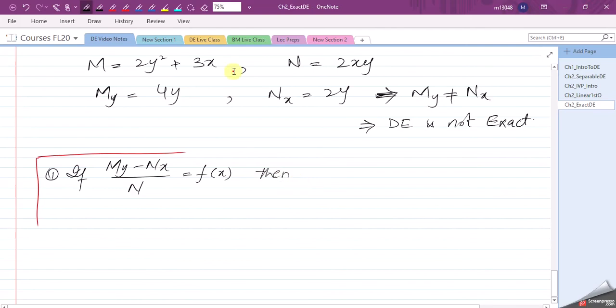Then integrating factor equals e power integral f of x dx. This if will make the equation exact. If this is true, this must be a function of x only.